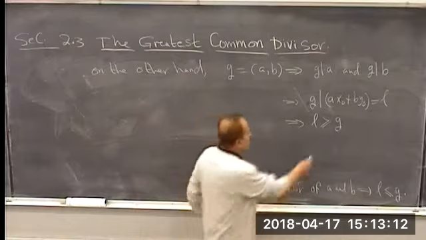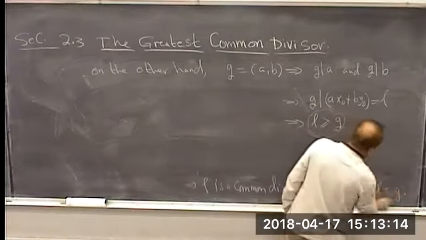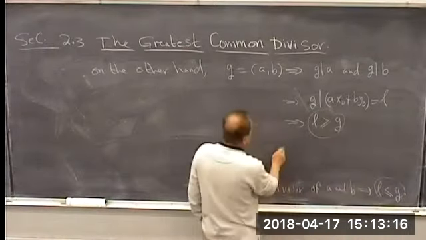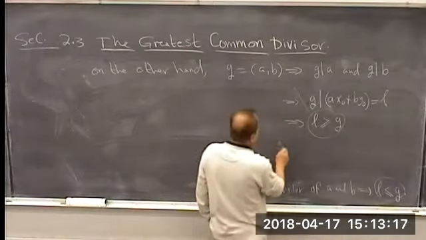So both of these imply that we have G is equal to L, which is an integer of this form.